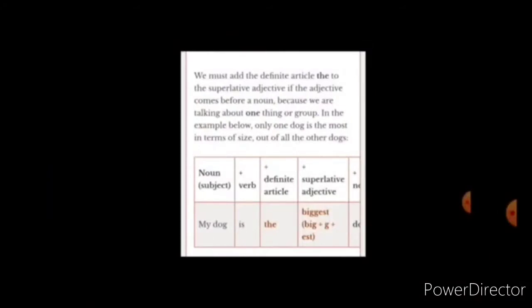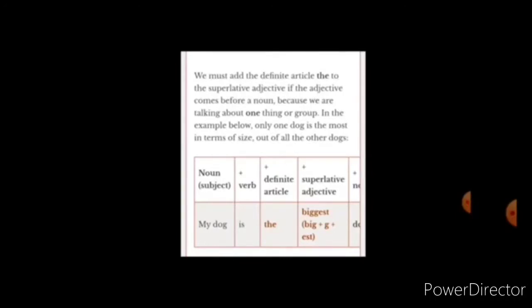The next important rule of using the definite article the. Here, the definite article the must be used in front of the superlative degrees, if the adjective comes before a noun, because we are talking about one thing or one group in the superlative degree. See here the example. In the example given below, only one dog is the biggest in terms of size out of all the other dogs.